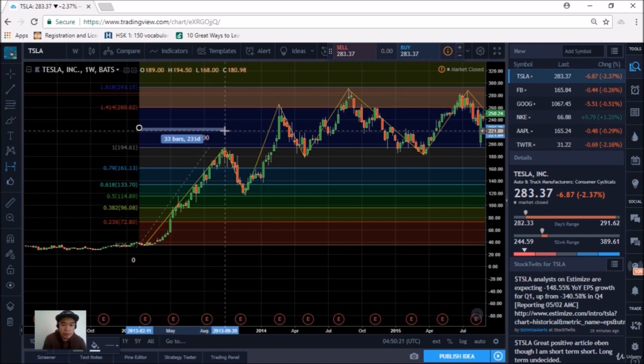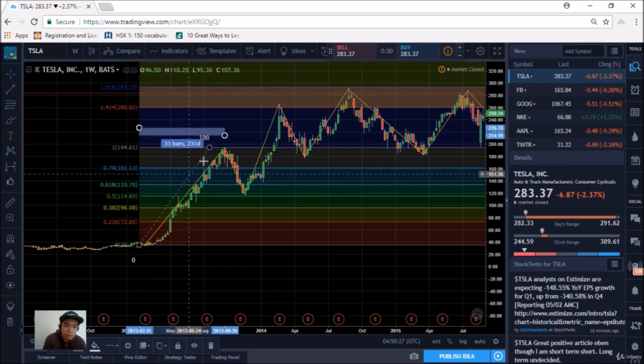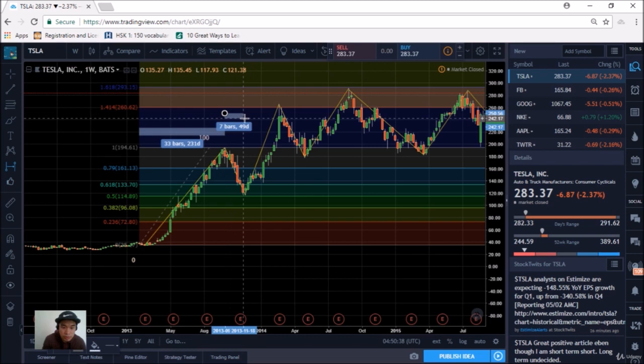You can see that automatically this is 33 bars, from this distinct low to distinct high. And from this point to this point is 8 bars.